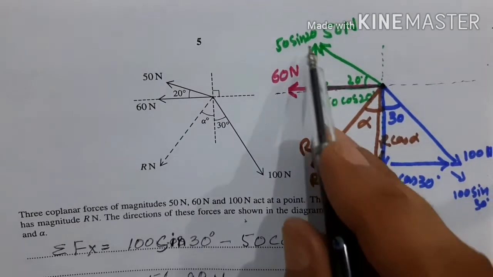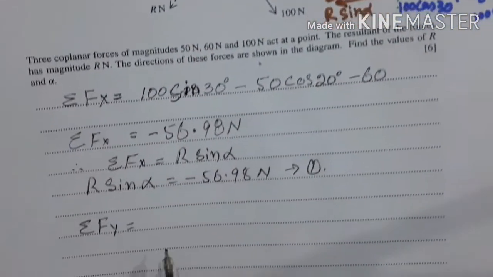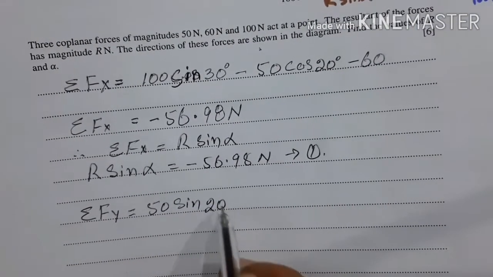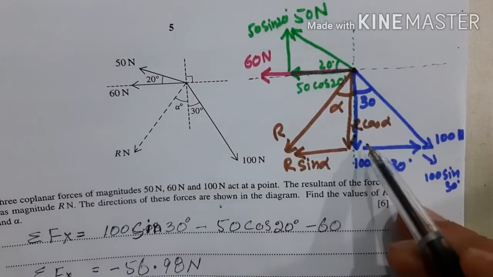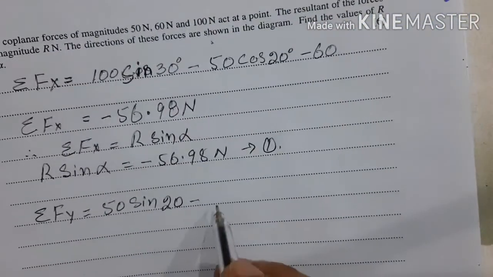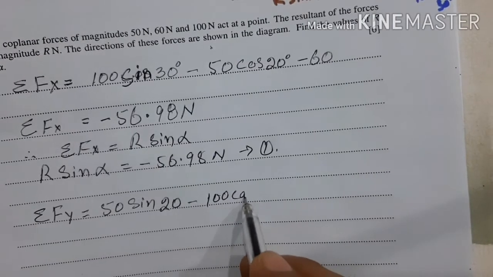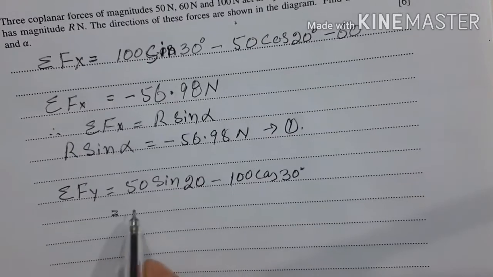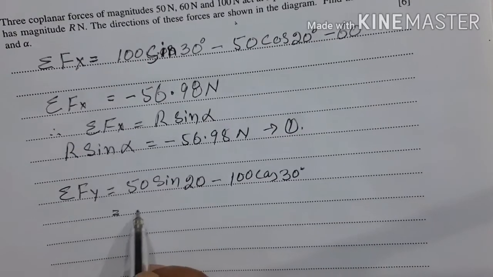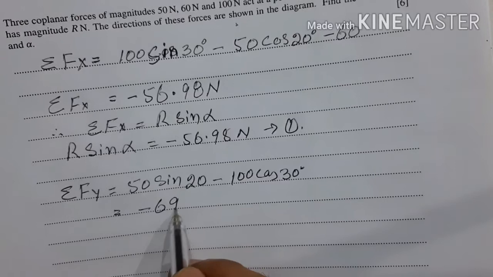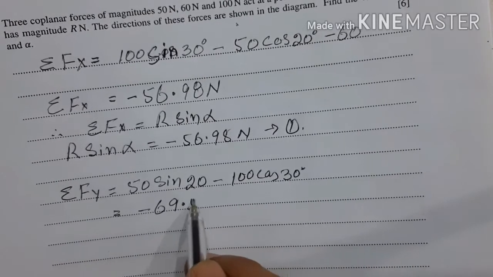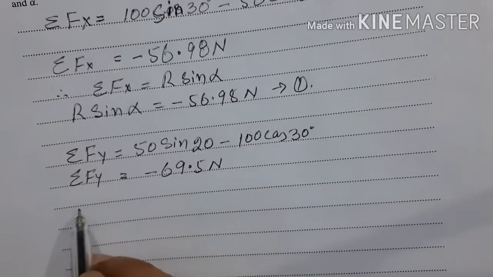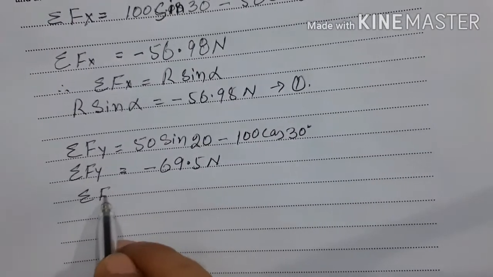So this will be 50 sin 20 minus, because this is a downward force, minus 100 cos 30. By the calculator it will be minus 69.5 newtons, sigma Fy.